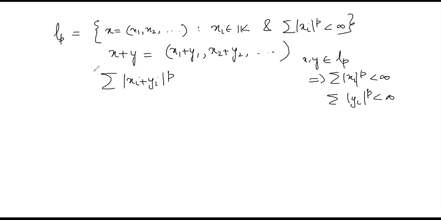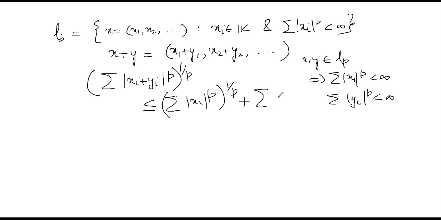Now, by Minkowski inequality, this whole thing raised to power 1 by p is less than or equal to summation xi raised to power p, whole raised to power 1 by p, plus summation yi raised to power p, whole raised to power 1 by p.